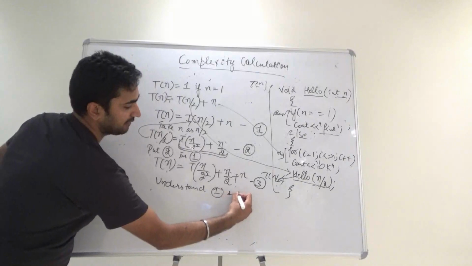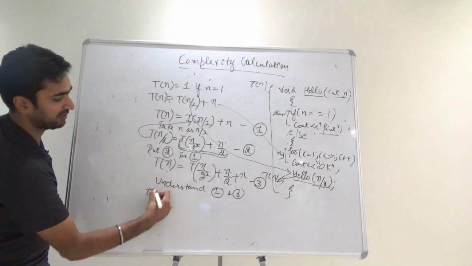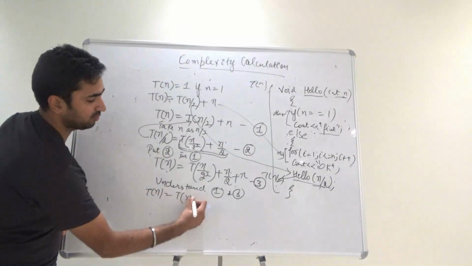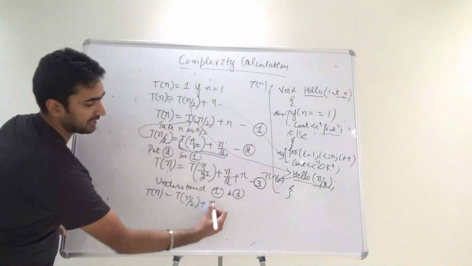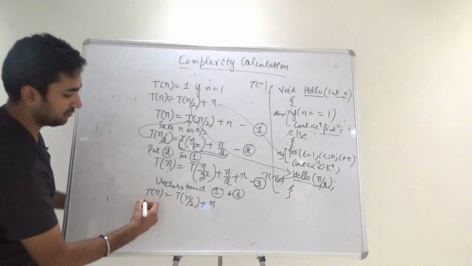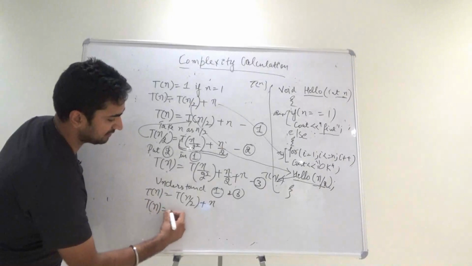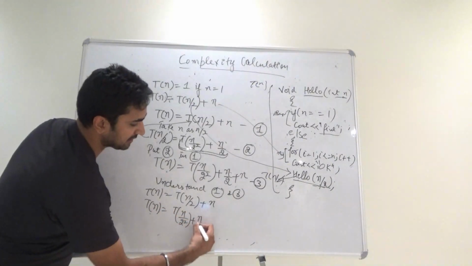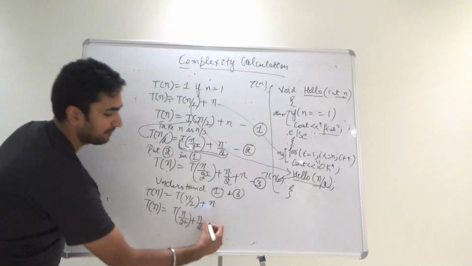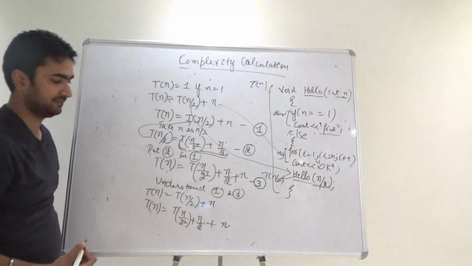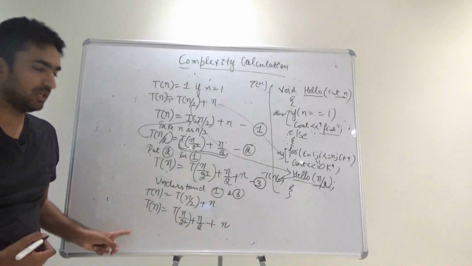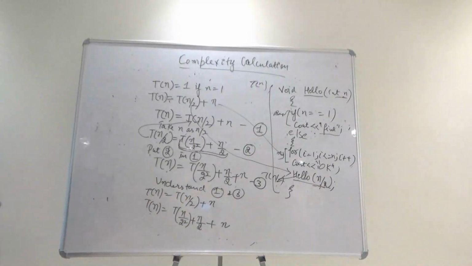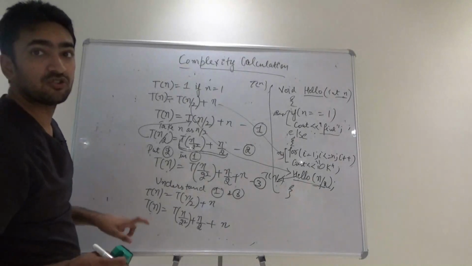If we try to understand 1 and 3, the first answer was t of n by 2 plus n, right? The second was t of n is equal to t of n by 2 square plus n by 2 plus n. These two equations are very prominent equations if we want to solve this.